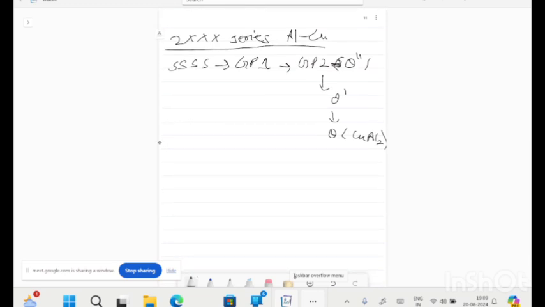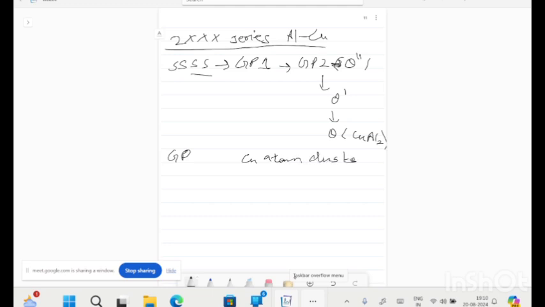As we studied, the GP zone is a cluster of a few copper atoms. So first, from the supersaturated solid solution, copper atoms will start to cluster out of the solid solution. So first is the copper atom cluster.